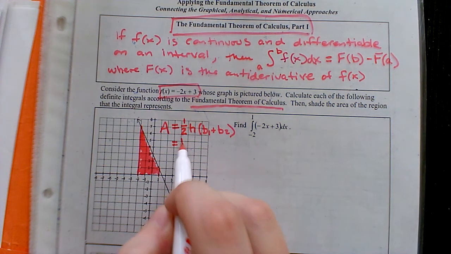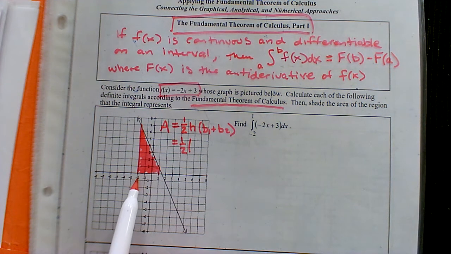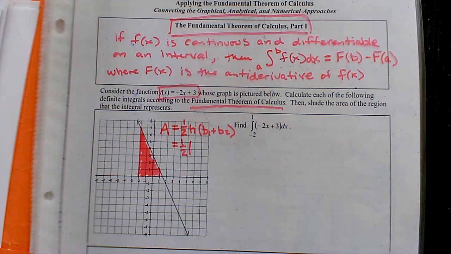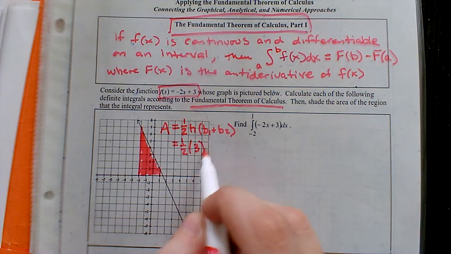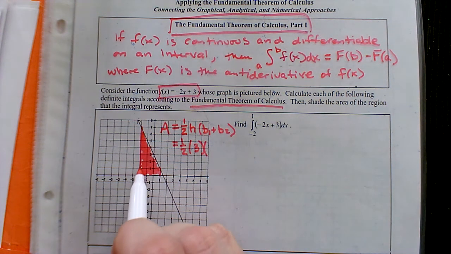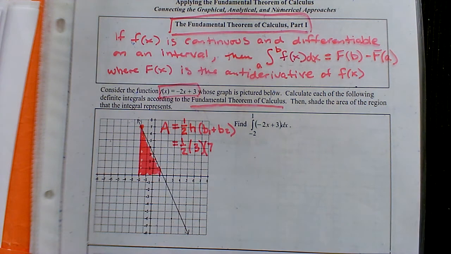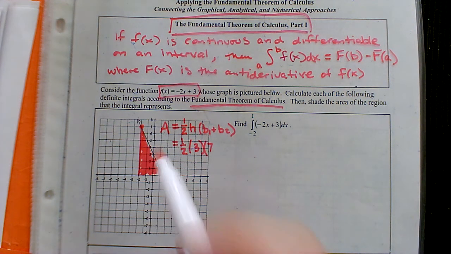Looking at this geometric shape that we shaded in, the height goes from -2 to 1, which would be 3 units. Then we need the base values. From the left-hand side, it has a height of 7. That could be our base 1.